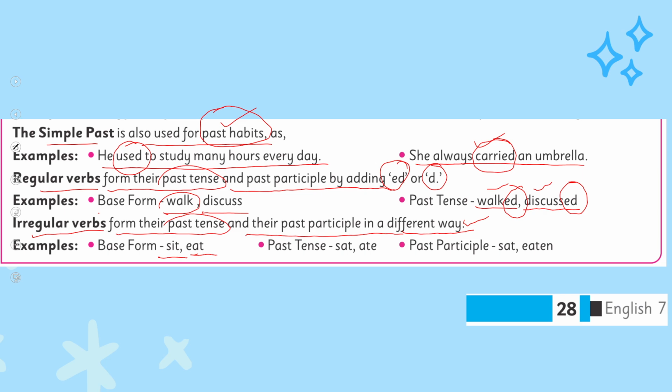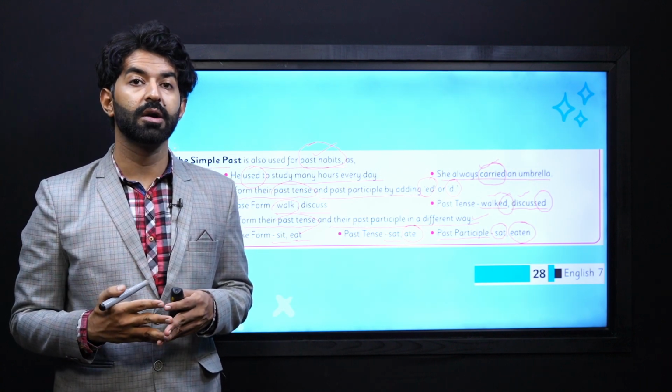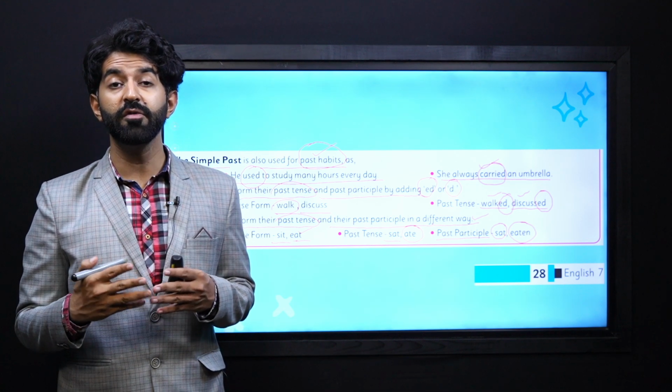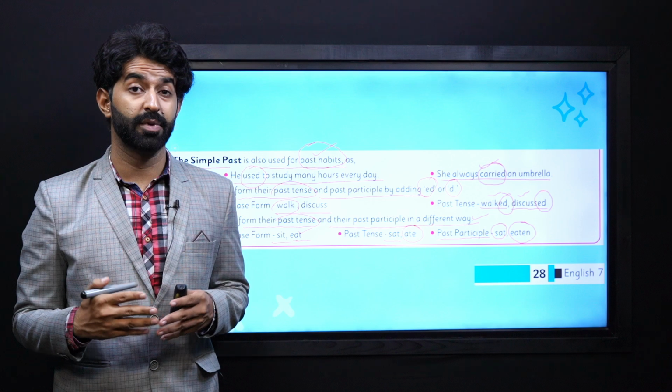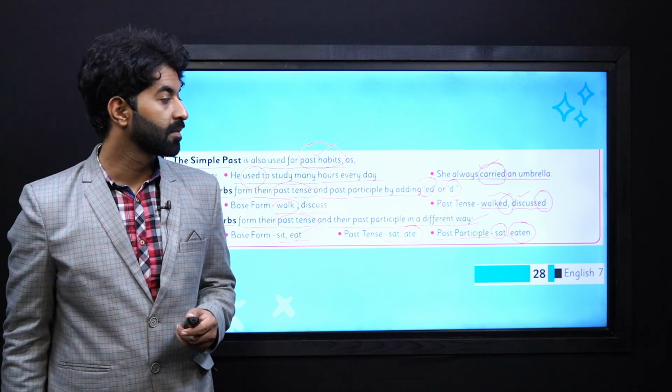Like sit will be sat and eat will be ate, and their past participle will be sat and eaten. So, such kind of verbs that do not have ed or d at the end and have different past forms and past participles are called irregular verbs.